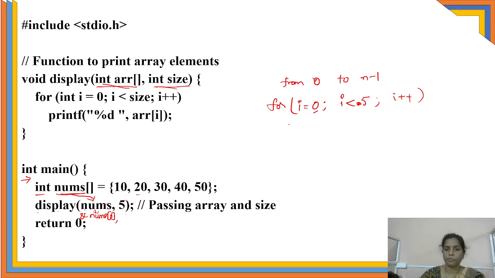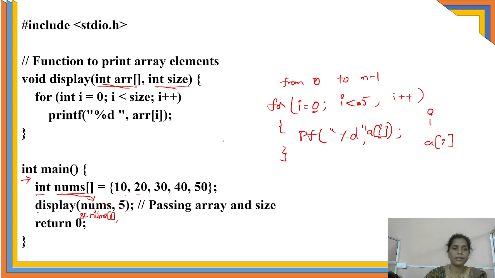Less than 5. printf %d, i. The mistake I made is, see, i is the index, right? You need to print the array element, not the index. So you need to write a[i]. Remember, i is the index, a[i] is the element inside the array. Okay, this is passing an array to the function.